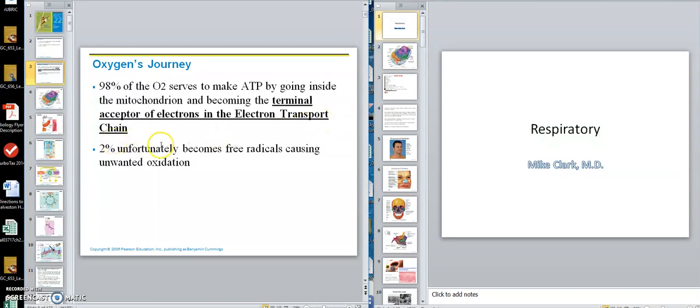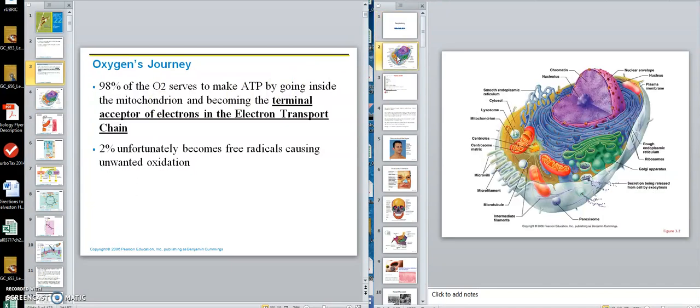Now, 2% of the oxygen we breathe actually, unfortunately, becomes a free radical. Okay? It's an oxidant. That's where the word initially came from before they knew other things did it too. All right. So what do we know? We know that here is the mitochondrion right there.